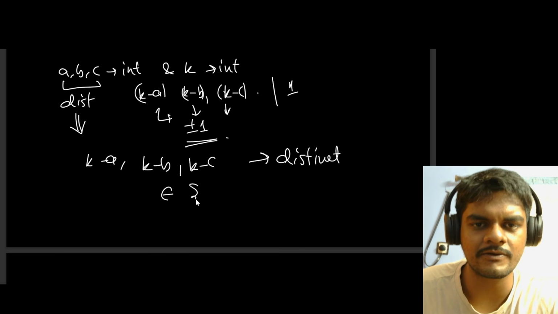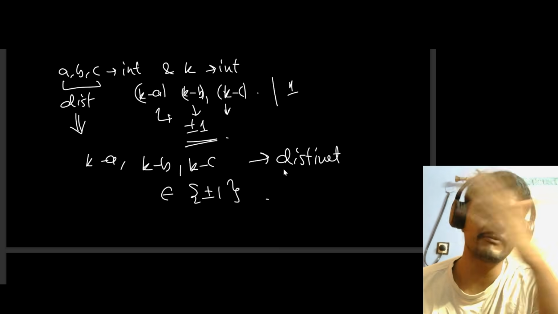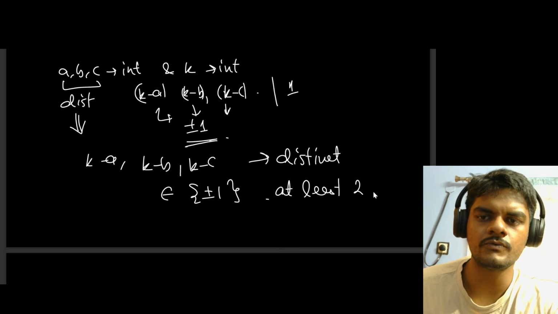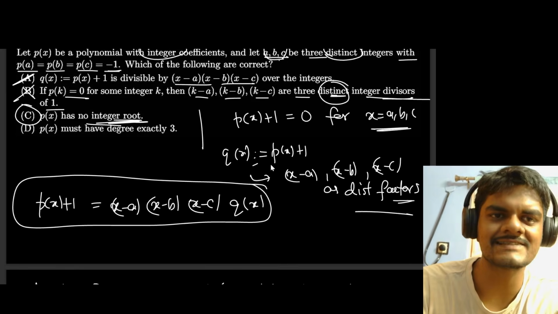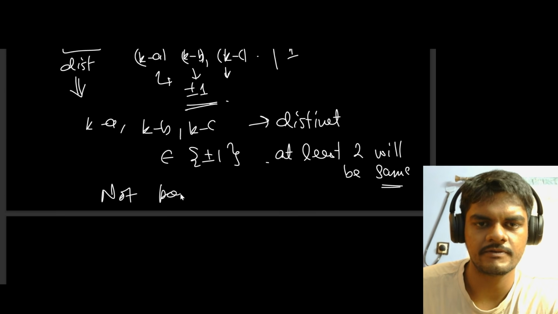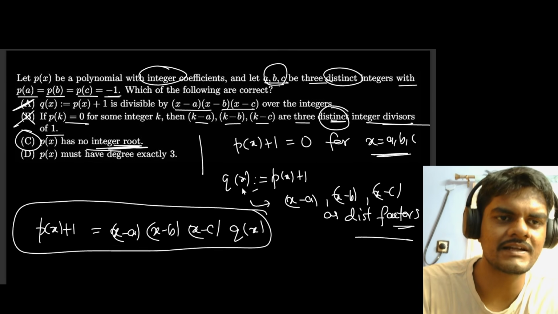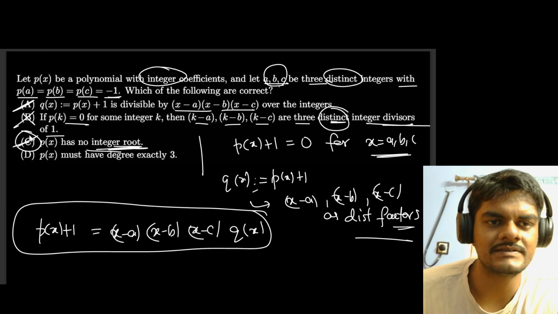But they have to belong to plus or minus 1 only. Only two values distributed among three, so at least two will be the same, right? So this is not possible. Two distinct is not possible, three distinct is not possible, so it has no roots. That is not a solution.